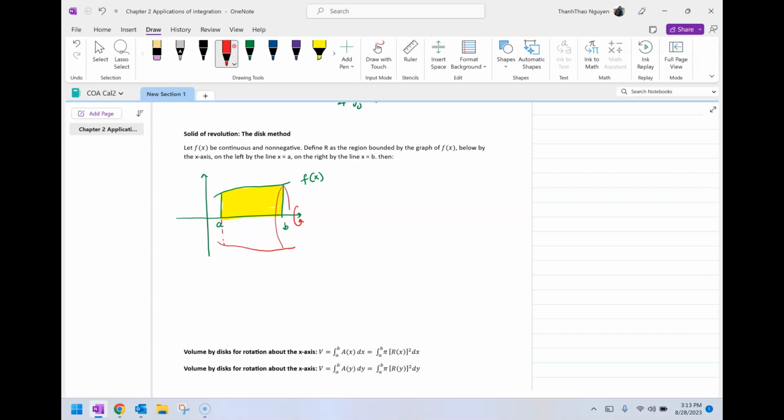And as you can see here, the cross sections are circles, right? And so the area of the cross section will be the area of the circle with the radius being f of x.